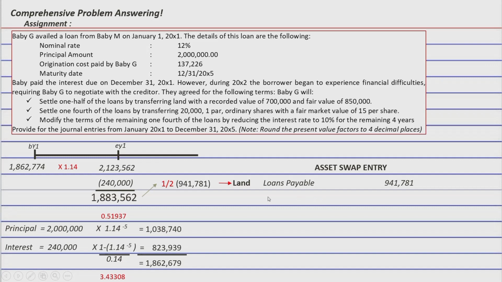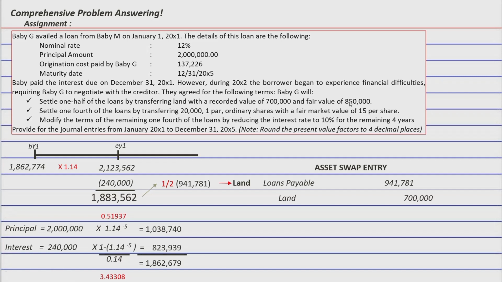Now, since we are to give up our land, we credit the land account for 700,000, which is the value recorded in our books, or the book value, which means we can only deduct up to that amount. We cannot use the fair value, which is 850,000, because if we do, the land account will have a credit balance of 150,000, or a negative balance, which is not correct.